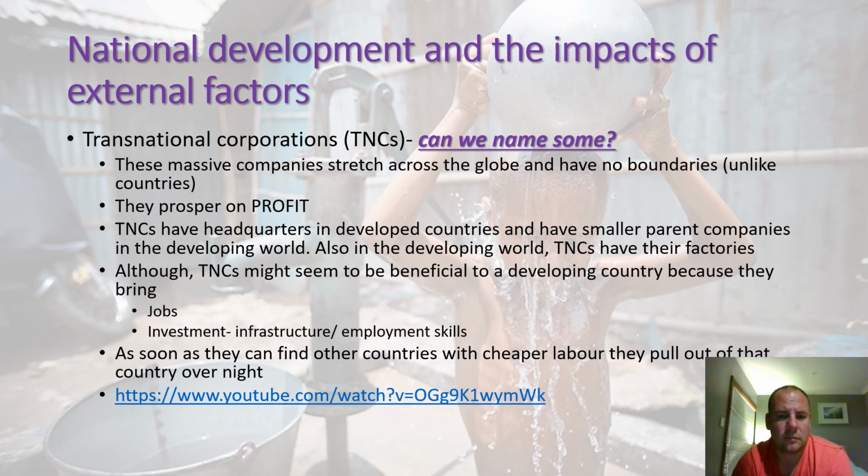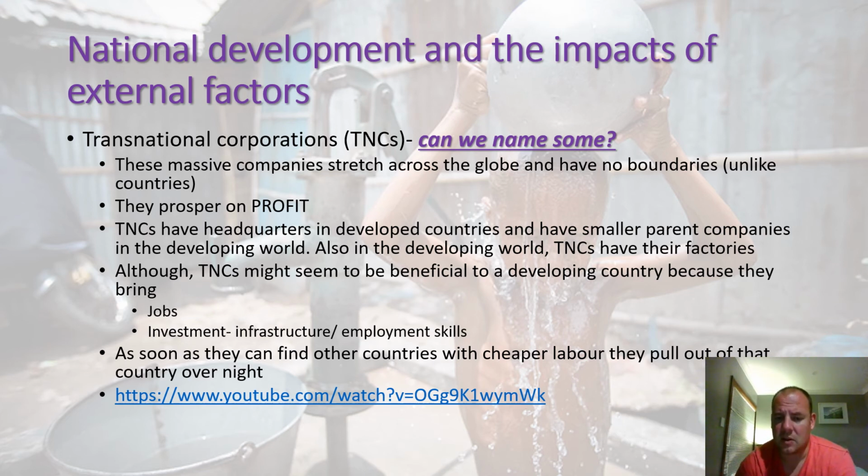Then we've got transnational corporations, and what I want you to do is see if you can think to name some, and in your notes write some down. TNCs prosper on profit. TNCs obviously have headquarters in rich countries and all the manufacturing in the other countries. It seems like a good idea to have these TNCs in a poorer country.